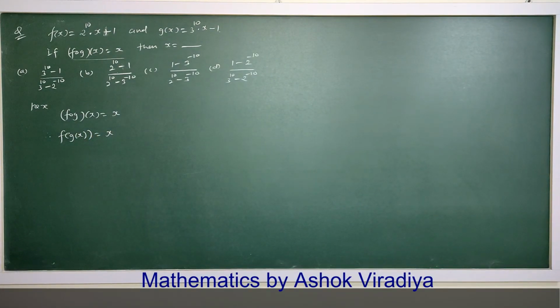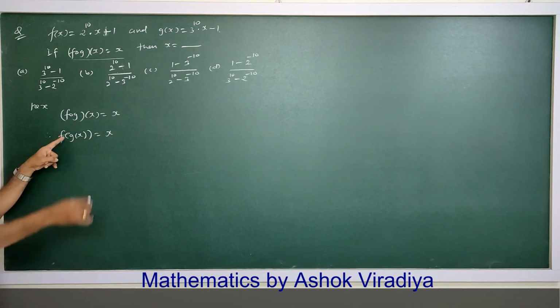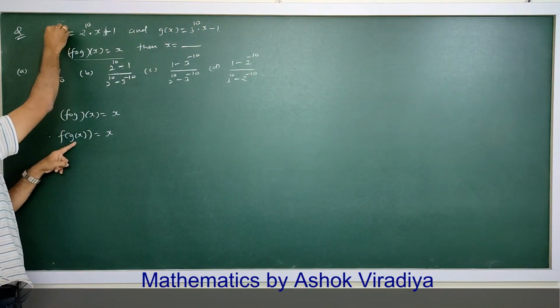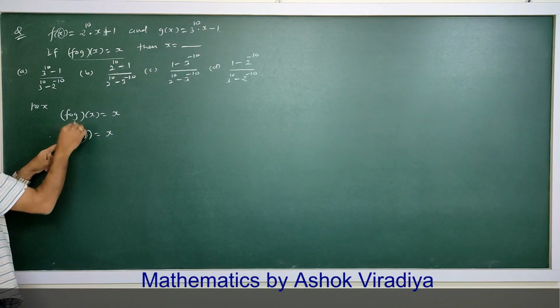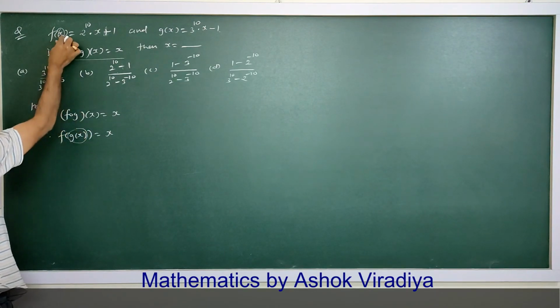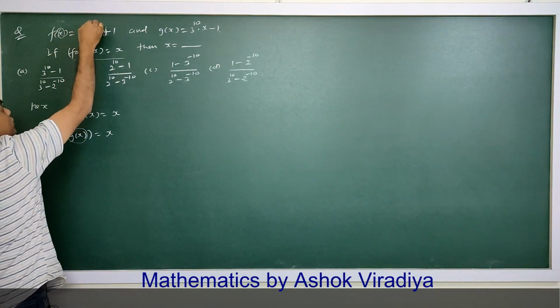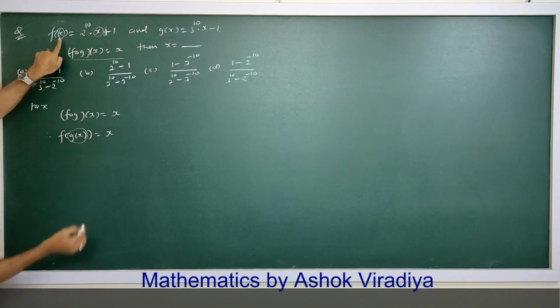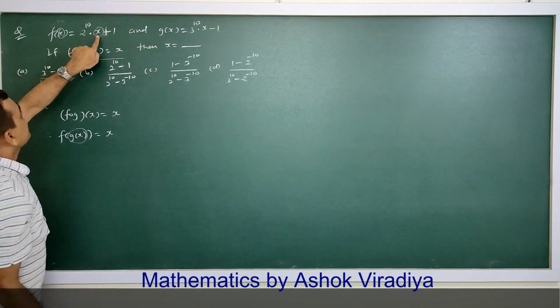So g(x) is the inner function for f. So now I am putting g(x) here. So f of g(x) is 2 raised to 10 into g(x). Whatever you put here, the same number you should put here.